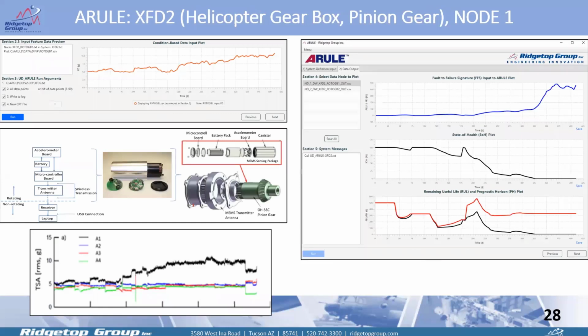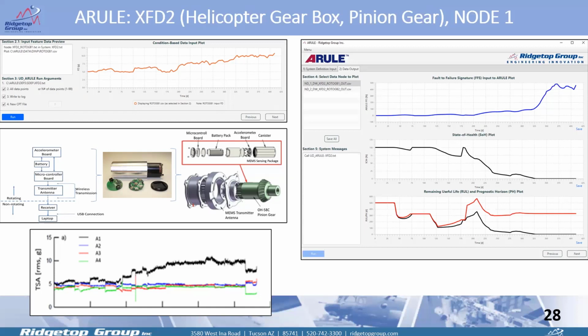Next. Another real world example that we ran was, this is Sentinel. We ran an experiment in conjunction with NASA on our sensor solution for a pinion gear of a gearbox of a helicopter. You'll see on the bottom left-hand side, that's the data.